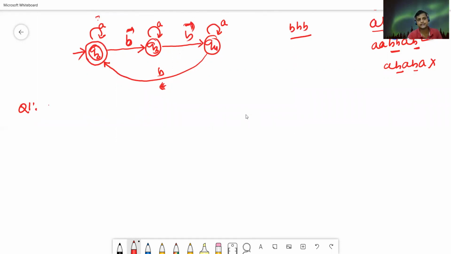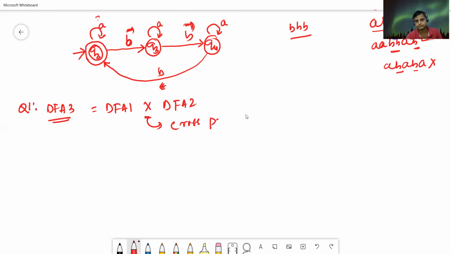DFA 3 equals DFA 1 cross product DFA 2. This is called cross product.